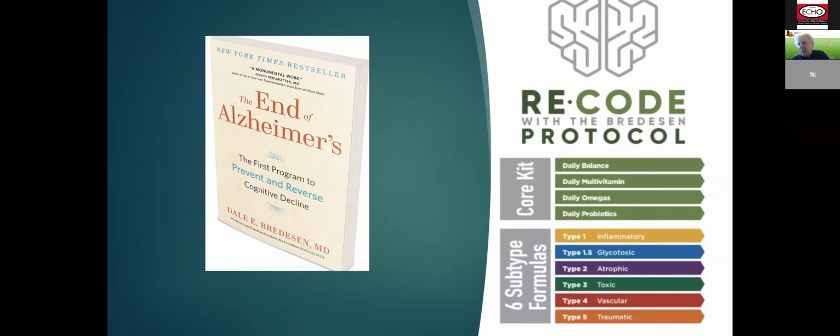There's the inflammatory part, the toxic part, vascular, and so forth. And he has a protocol for treating each of those. Not really proven, and the Alzheimer's Association does not endorse this whatsoever. So again, I just want to bring this up as a resource because it's fairly provocative, and I did somewhat of a deep dive with this program and rejected it. So next slide, please.